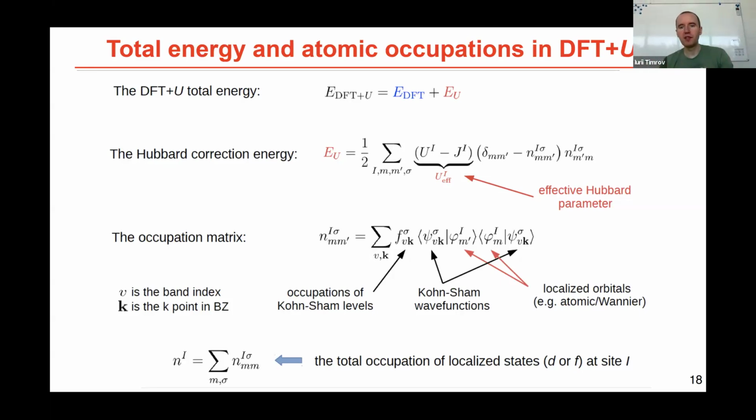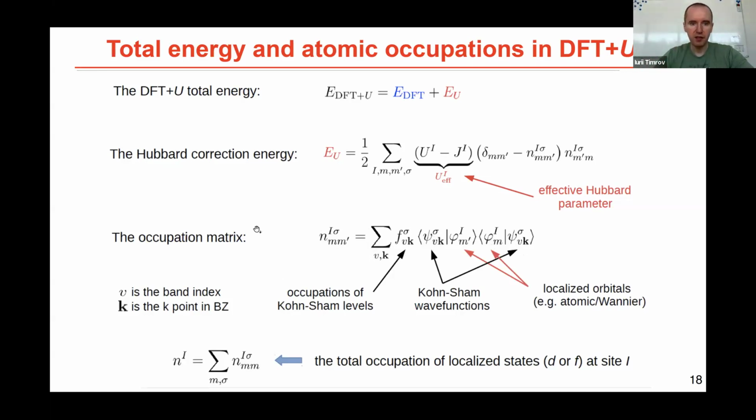If we stay with our example, iron oxide, phi would be the 3D atomic orbitals of iron. So we're projecting Kohn-Sham states or Bloch states onto the 3D atomic orbitals of iron, and this should tell us the occupation of the 3D shell of iron.